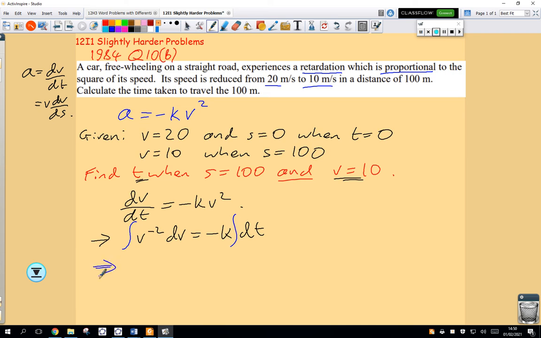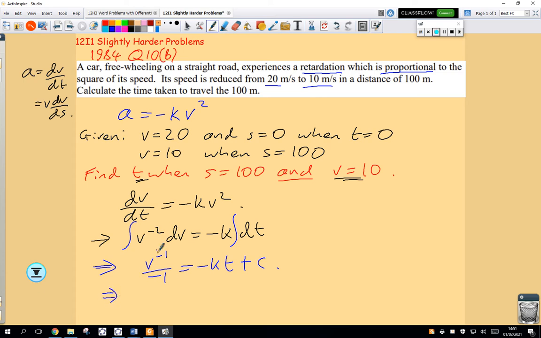So, antiderivative of v to the power of negative 2: increase the exponent by 1, divide by the new exponent. That's going to be negative k, whatever k is. We don't know what k is, times t plus c. So we don't really know what k is yet. So we can see if we can find something. Maybe we'll find the constant of integration and figure something out.